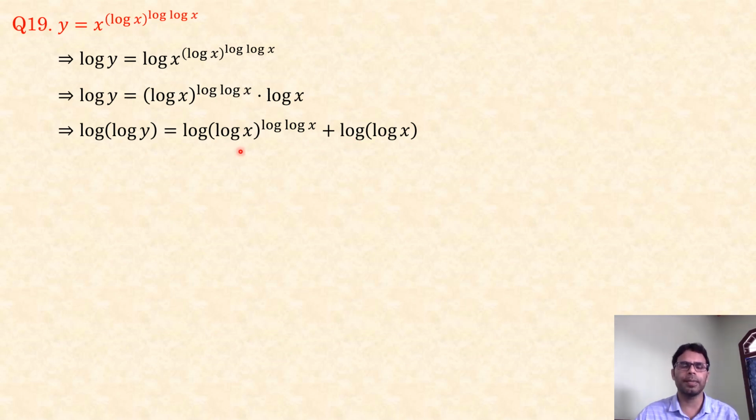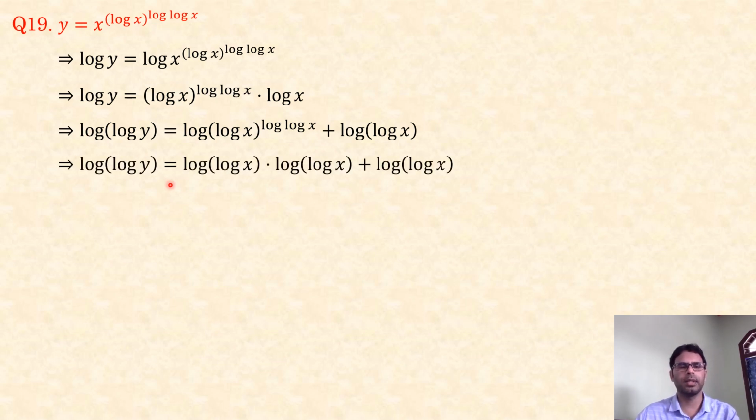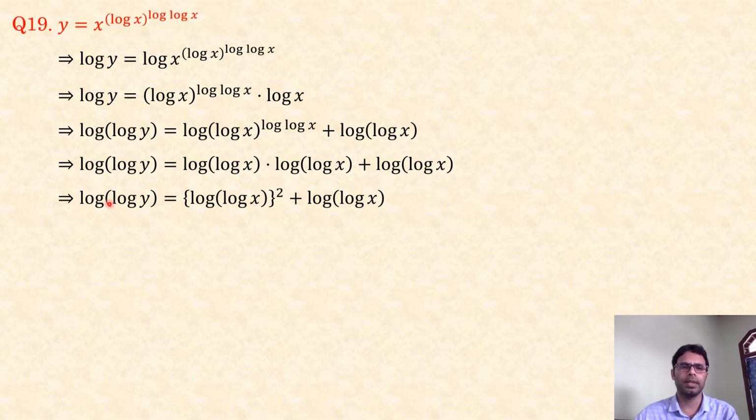Now in the first part here, this log of log x will come in front of this. So log of log y is the same, this log x is coming here into this log x which is here already. Then it is actually log x into log x, log x whole square. So the left hand side is the same, the right hand side is log of log x whole square plus log of log x. So many logarithms are there.